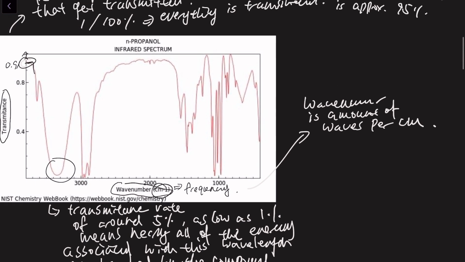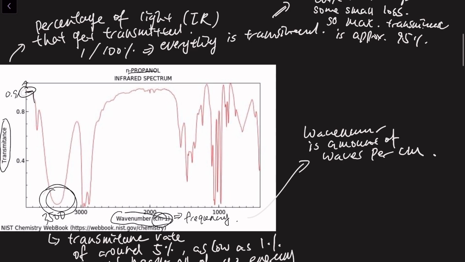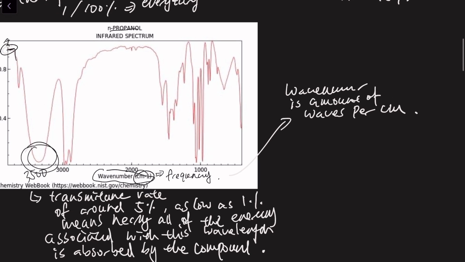So if we read this area here, we can tell that this particular functional group will absorb waves at around 3500 wave number, so the waves with 3500 waves per centimeter, which corresponds to a particular energy.